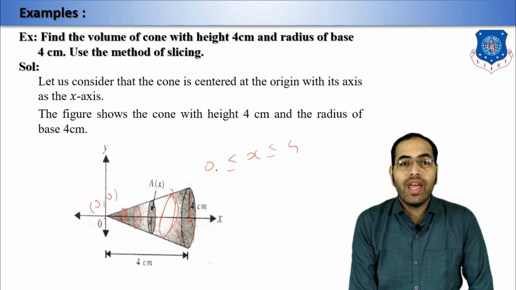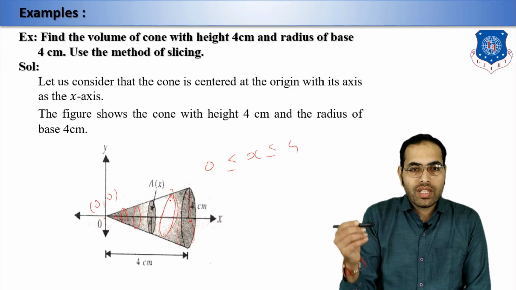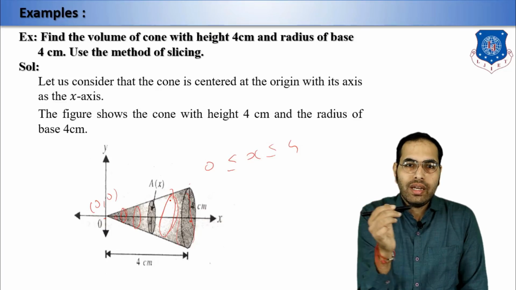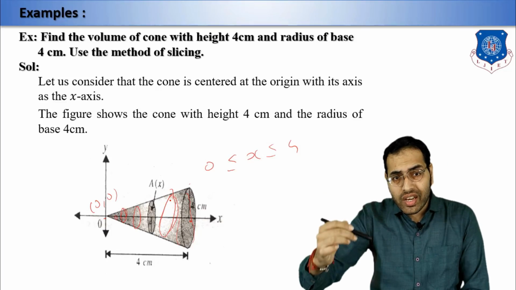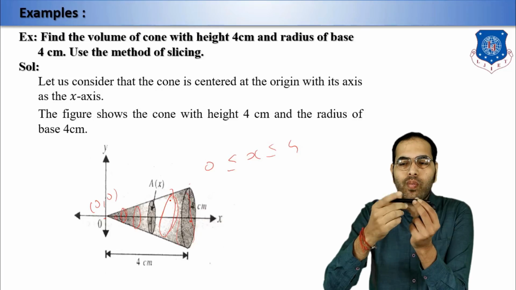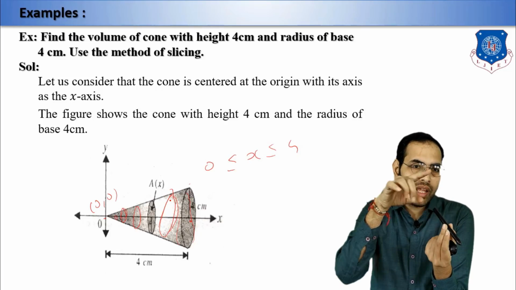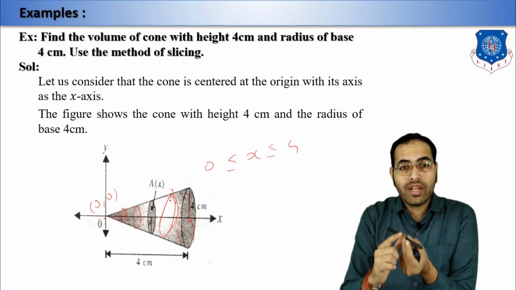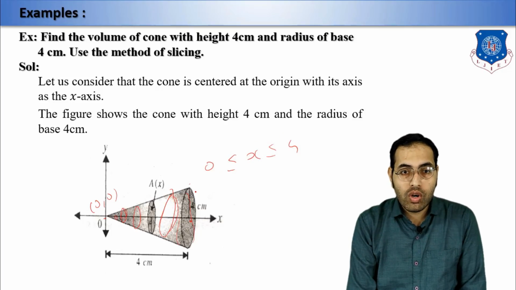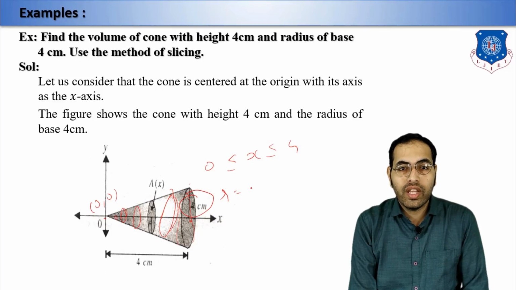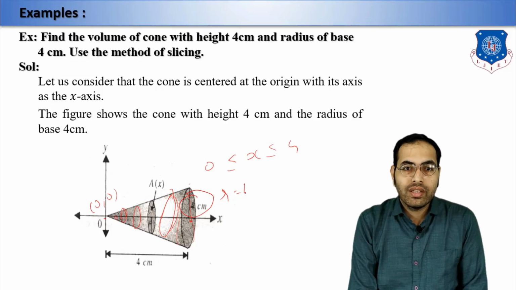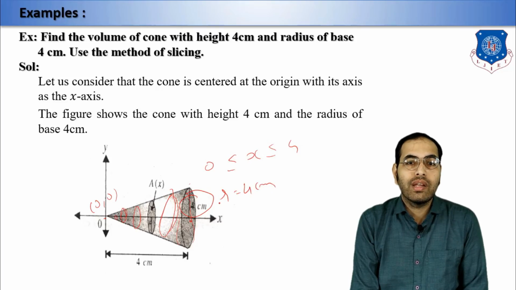This slicing moves along the x axis. Now, for the radius, whenever we take a cross section of the cone, the side view and top view are indicated by a circle, and the radius of that cone is also 4 cm. That is our value of r, or here the value of x, that is 4 cm.